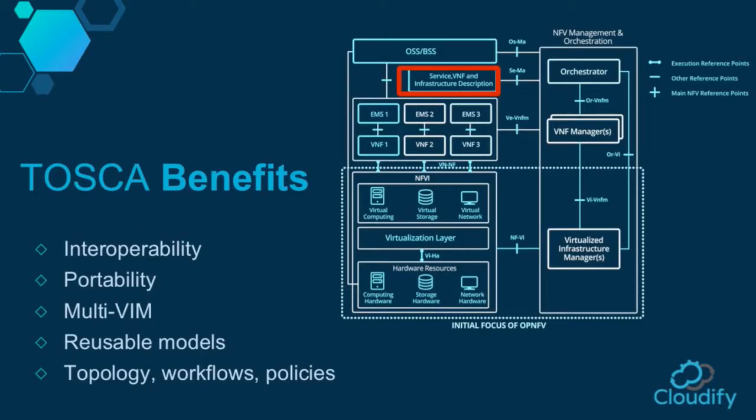The benefits that TOSCA brings are quite significant. So first of all, if we're looking at this famous or infamous ETSI diagram for architecture, TOSCA is just the service descriptor and the VNFD, the VNF descriptor. The advantage that it brings is, first of all, interoperability. We're talking about a standard.